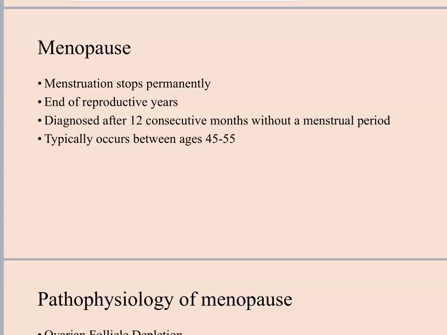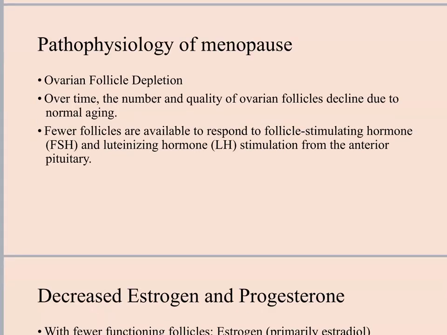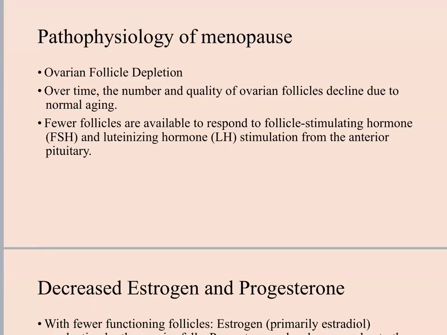The pathophysiology of menopause. Men, as I think we all know, can make babies up until the day that they drop dead at 100. They can go out and make a baby with a young woman if they so choose.